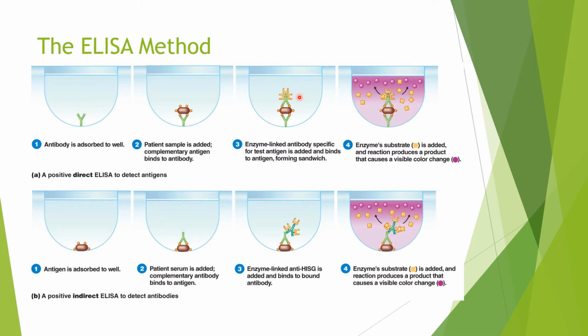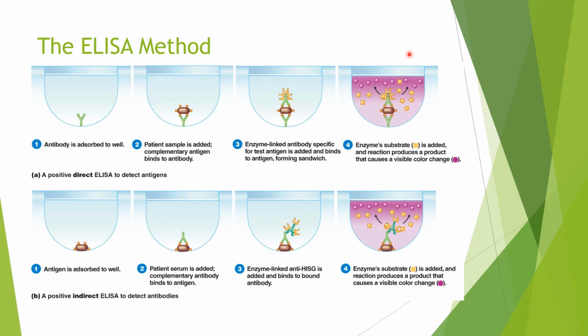So we've attached enzymes to those antibodies. We know that enzymes have active sites. Right here, you see those active sites. What binds to active sites are substrates. So if you see those squares right here, we add the substrate. The substrate is going to bind to the enzyme linked to the secondary antibody that you've added.